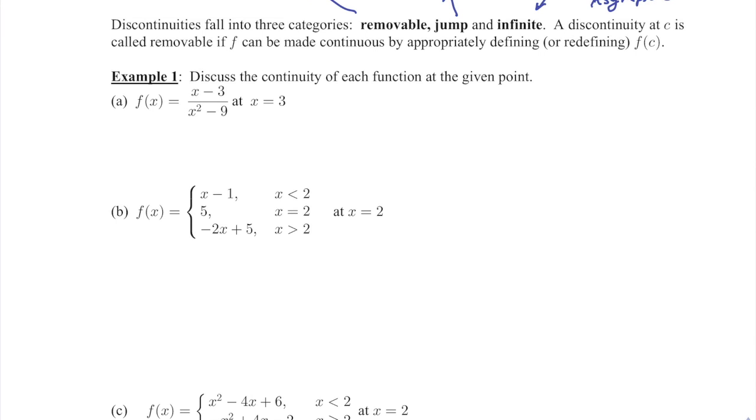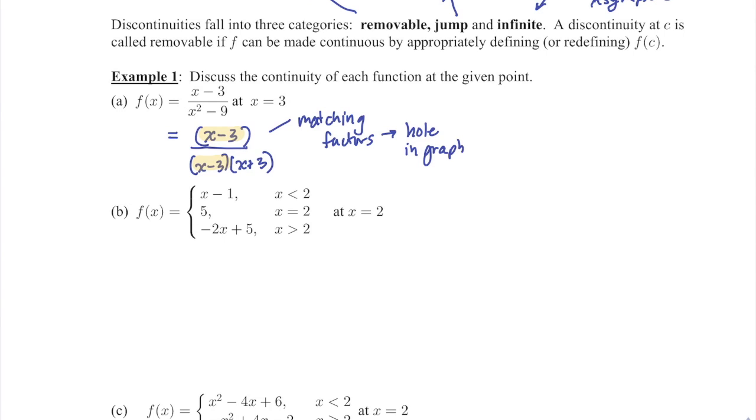So if we think about this function in factored form, anytime we see these repeated factors that match in the numerator and the denominator, that's indicative of a hole in the graph. And that means we'll have a removable discontinuity.